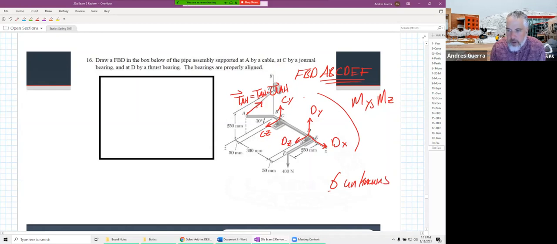If we added the moments in there, we would have 4 more. We would have 10 unknowns. And so we don't need those moments, and it would be wrong to draw those moments on there.